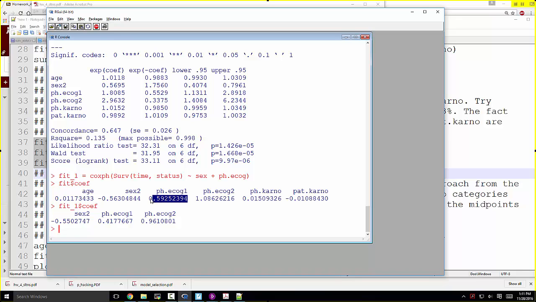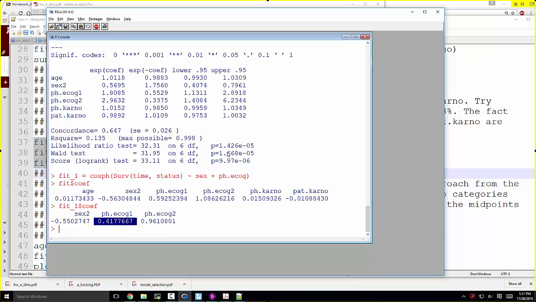pH.ecog1, for example, that coefficient for comparing ecog1 to ecog0 went from 0.59 down to 0.42, and the second one went from 1.09 down to 0.96. In terms of deciding, is that a big difference or not, I would recommend thinking about it in a couple of ways. One way is what is just the raw difference in these coefficients?